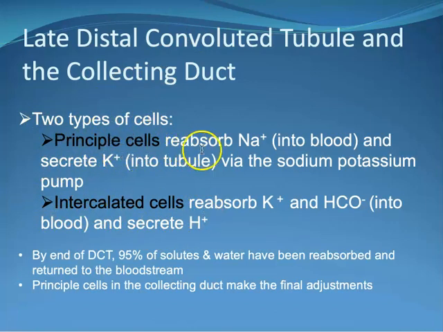Principal cells are going to reabsorb sodium and secrete potassium, and that's done via the sodium-potassium pump. So as the principal cells are reabsorbing sodium, the intercalated cells go, all right, well, we need that potassium. We don't need to lose that in the urine. So they will then reabsorb potassium and bicarbonate, but they will secrete hydrogen.